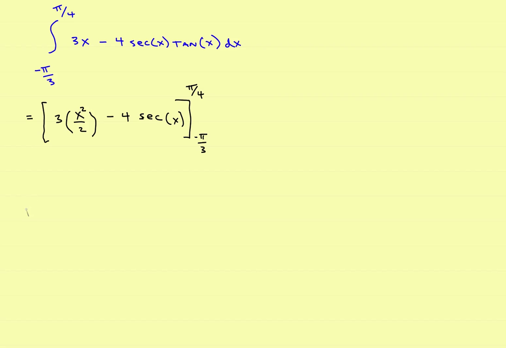Okay, so what this is going to give us, again, just plug in the top number and the bottom number. This one would be 3 halves, and in place of x, put what it's equal to. So it would be pi divided by 4 squared, minus 4 times the secant of pi divided by 4.